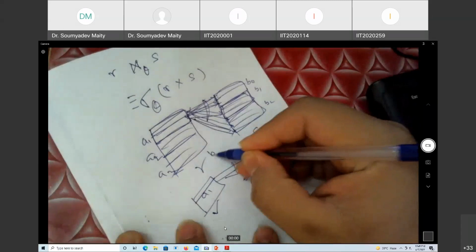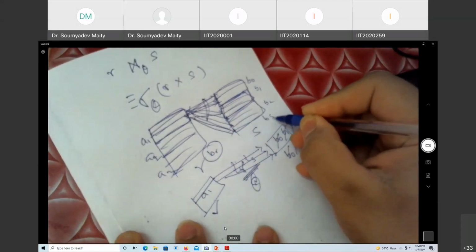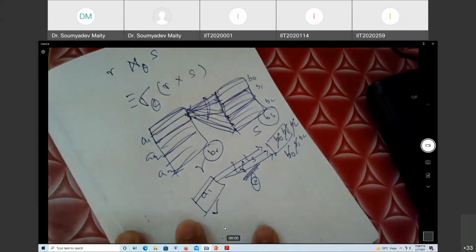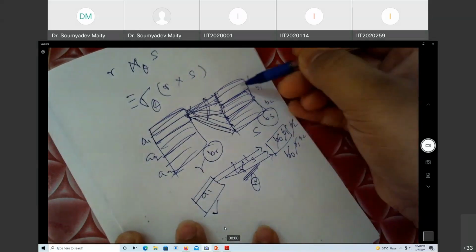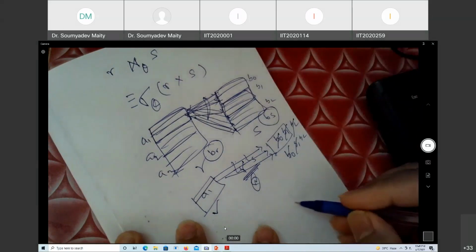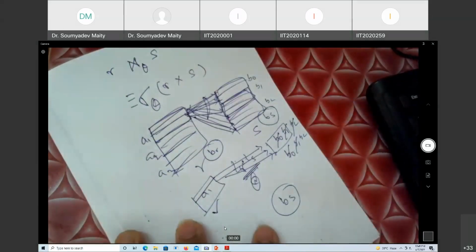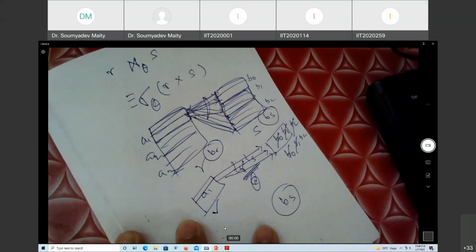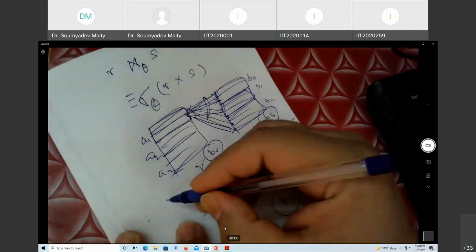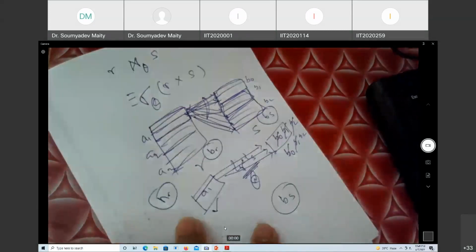if BR number of blocks are there in R and BS number of blocks are in S. So you need to access all the blocks. That means BS number of blocks for each tuple. And suppose there are NR number of tuples here.